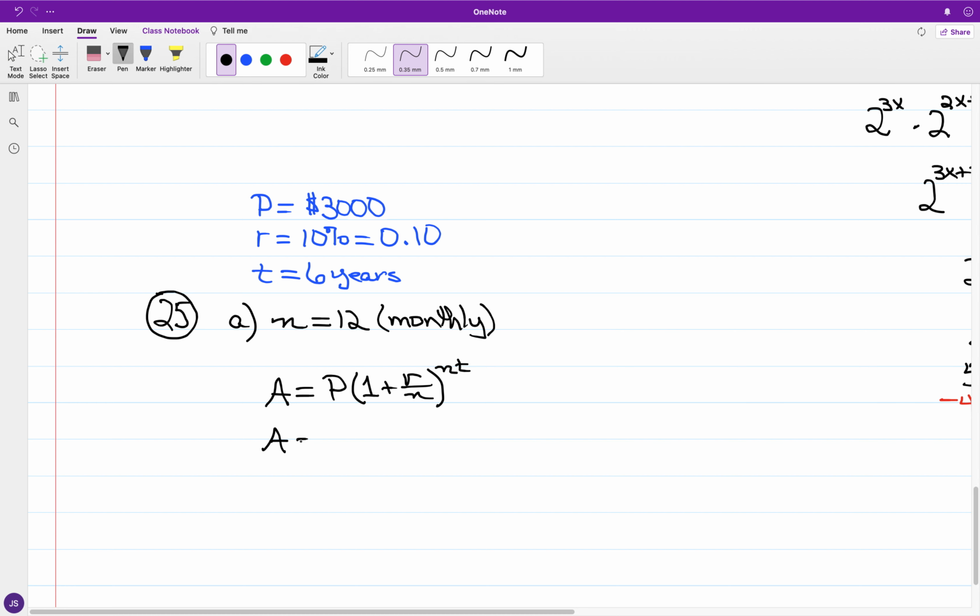Filling in the numbers, P is $3,000, times the quantity 1 plus R, which is 0.10, over N, which is 12, to the N times T, so 12 times 6.